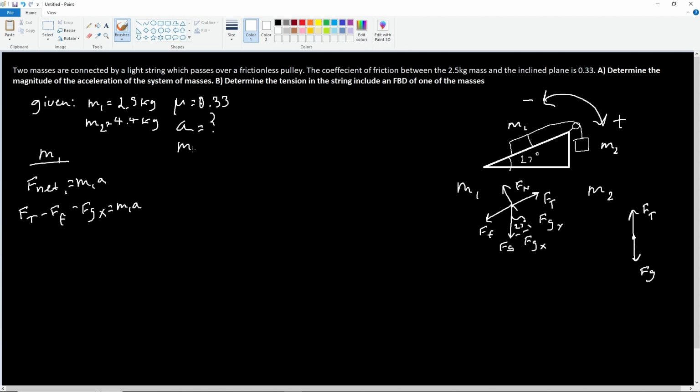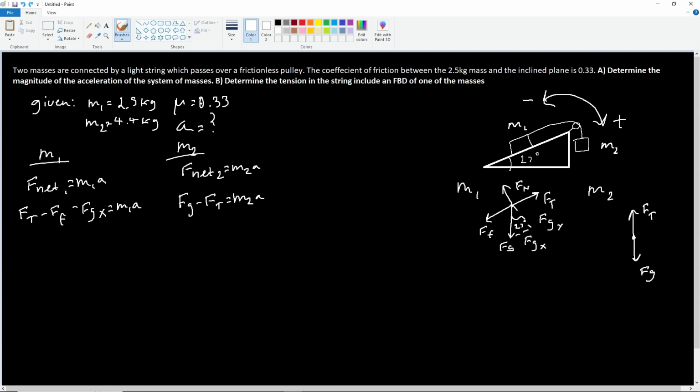Now let's do M2. M2 would be much easier. It's just F net 2 equals M2A, which is just Fg minus Ft equals M2A. And now what we want to do is substitute them, because something I need to mention is the tension force between these two, between this pulley, is the same on both.